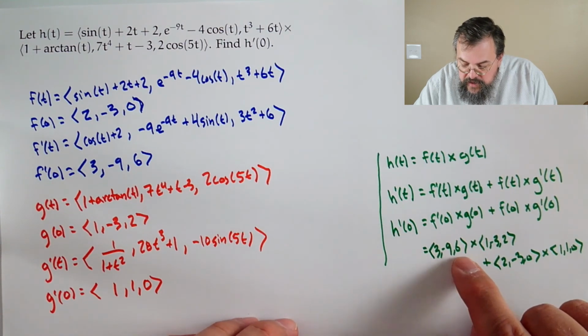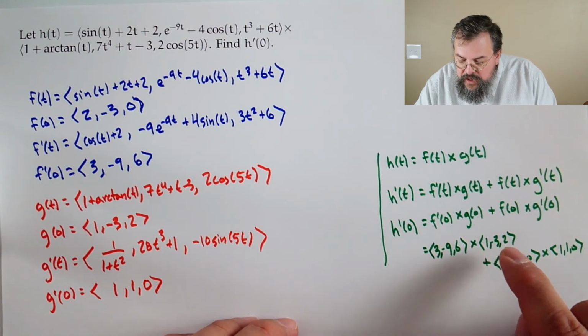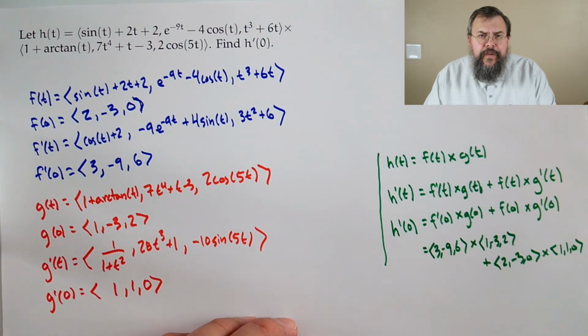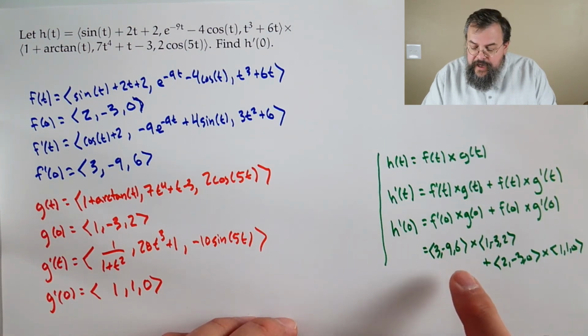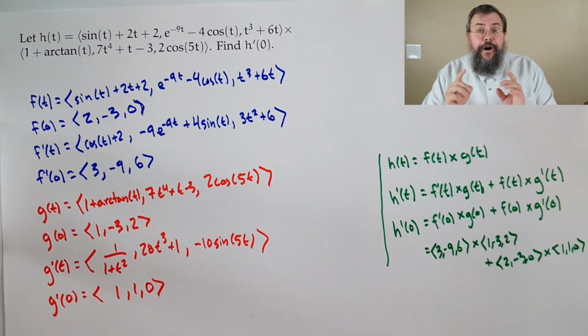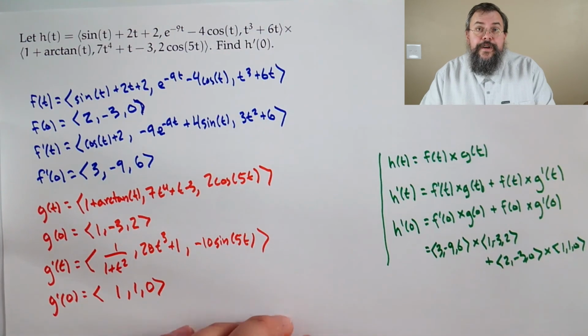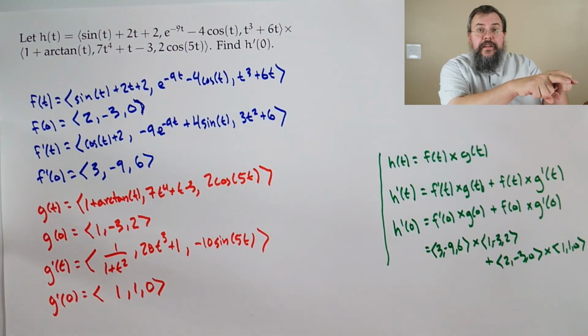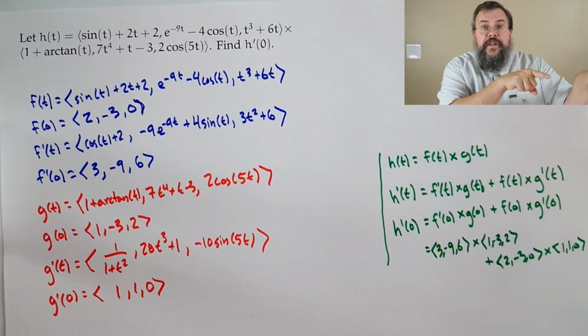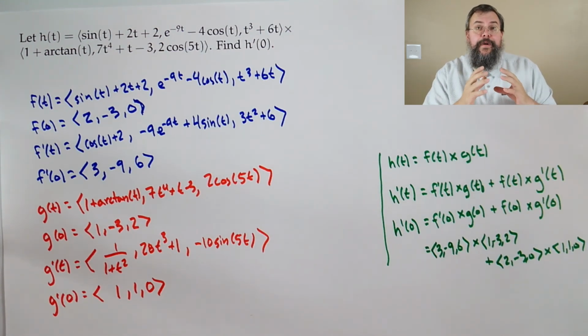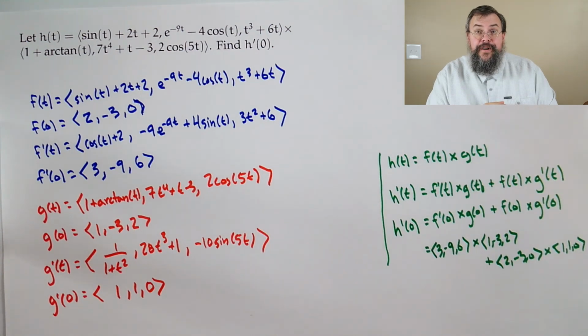3, negative 9, 6. 1, negative 3, 2. What's true about that? These 2 vectors aren't the same, but they're almost the same in that if you scale the second one by 3, you get the first one, which means that they point in the same direction. But one just goes 3 times further. What happens if you take the cross product of parallel vectors? Do you remember?